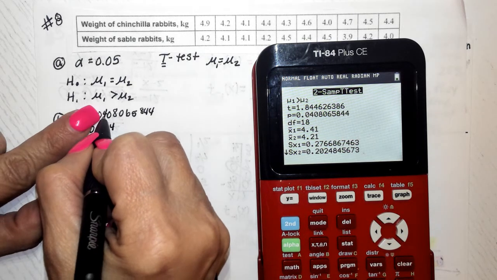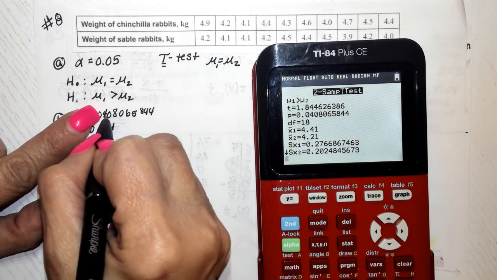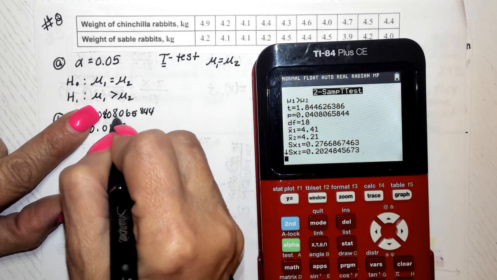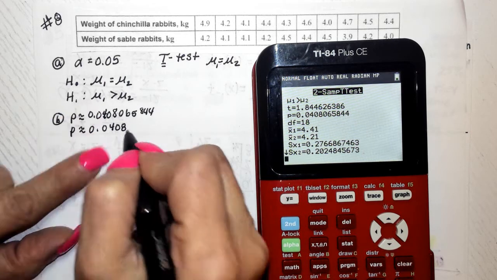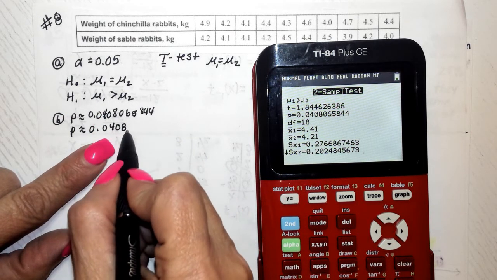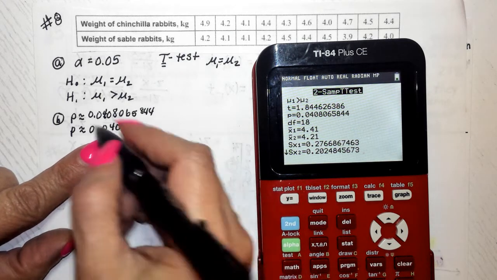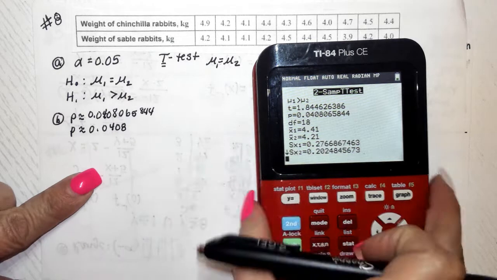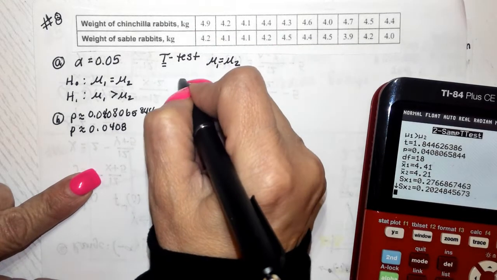Okay, so here's my first significant figure, the 4. 1, 2, 3, so I'm going out to the 8. The 0 behind it won't change, so it's going to be this right here. When I look at that, I go back, and it said find the p-value. So there's my p-value.